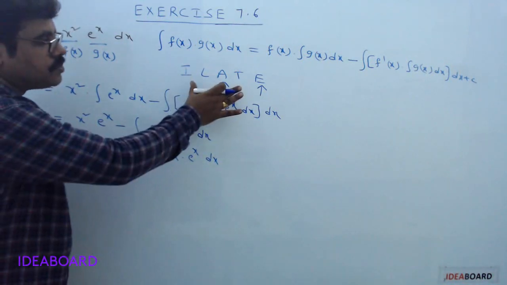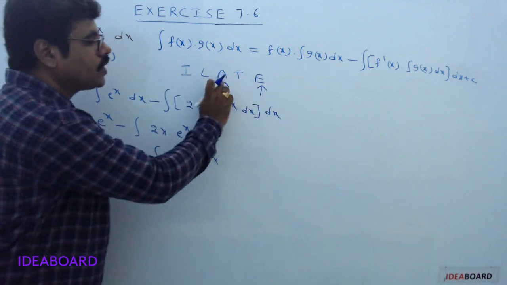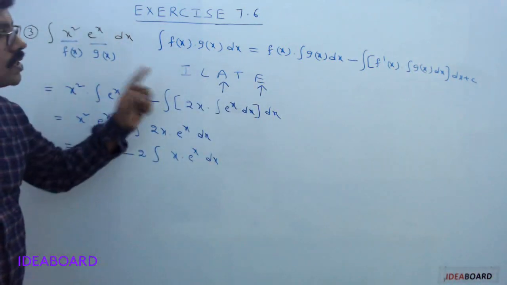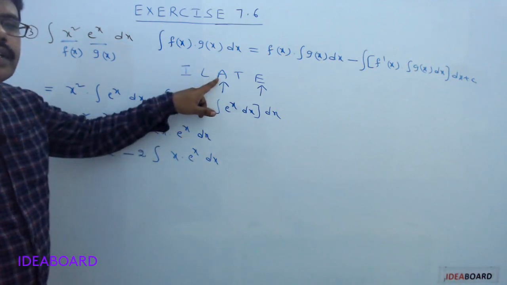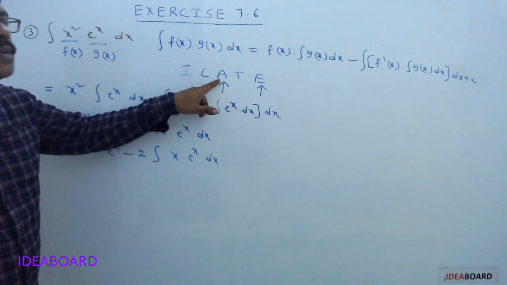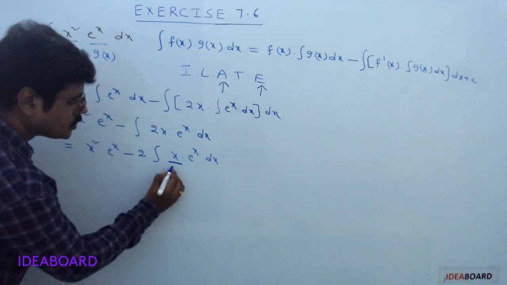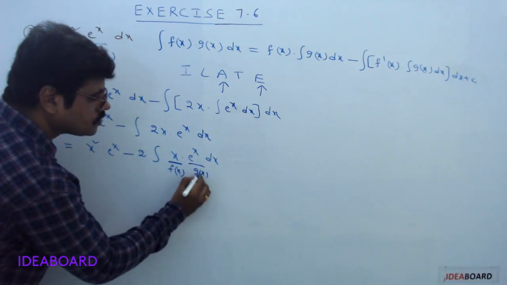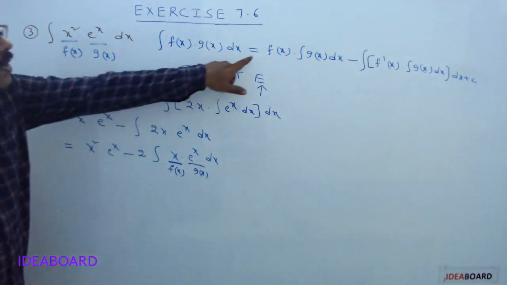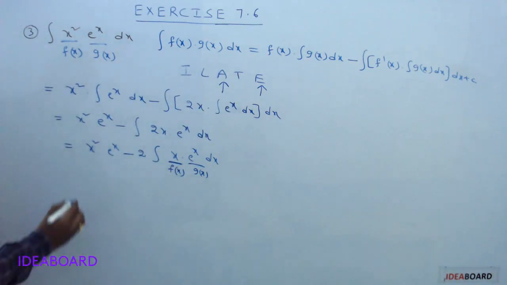Among these two functions, which comes first from left to right? The algebraic function, so the algebraic function is f of x, and e power x is g of x. Now apply the integration by parts formula on these two functions.